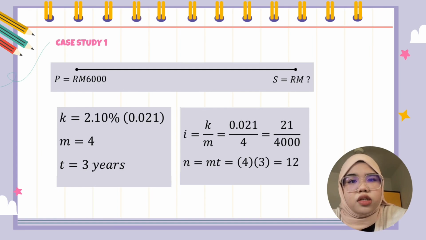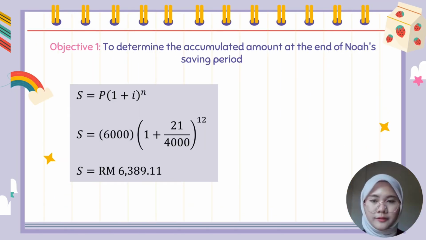P equal to 6,000, K equal to 2.10%, which is 0.021, M equal to 4, T equal to 3 years, I equal to K over M, which is 0.021 over 4, equal to 21 over 4,000, N equal to M multiplied by T, which is 4 multiplied by 3, we get 12. First, for objective 1, we want to determine the accumulated amount at the end of Noah's saving period.